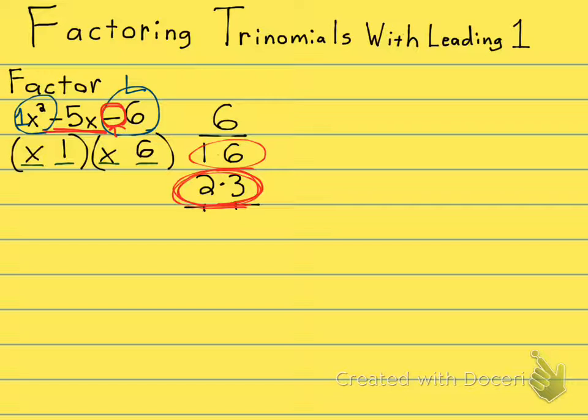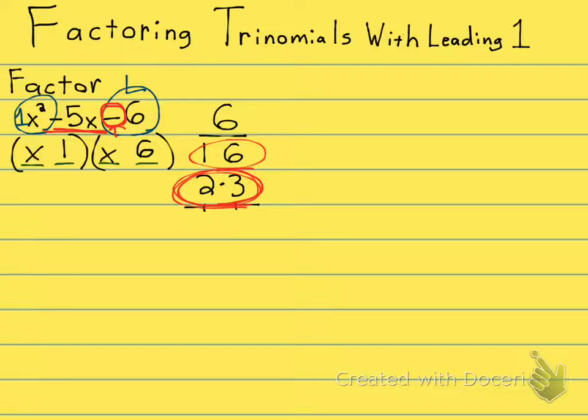Now let's make sure our signs are correct. I have a 1 and a 6. I know that they're going to be different signs. It's either going to be minus 1 plus 6 or plus 1 minus 6. Now, what's the way that I'm going to get a negative 5?